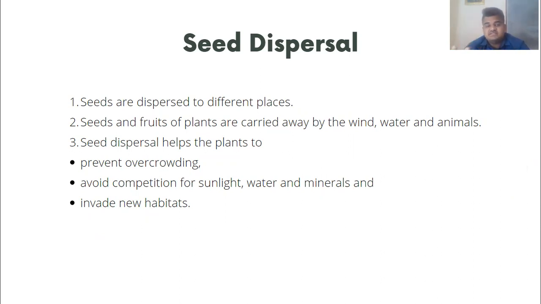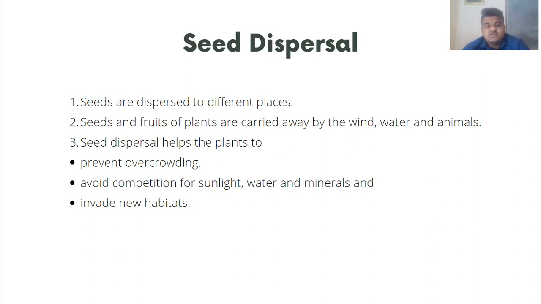So what is the main reason? The main three reasons are that seeds or fruits of plants are carried away by the wind, water or animals, including human beings, and in this way these seeds get dispersed.